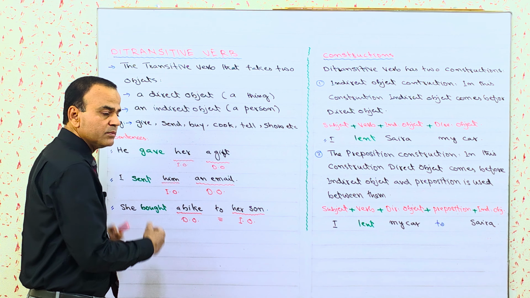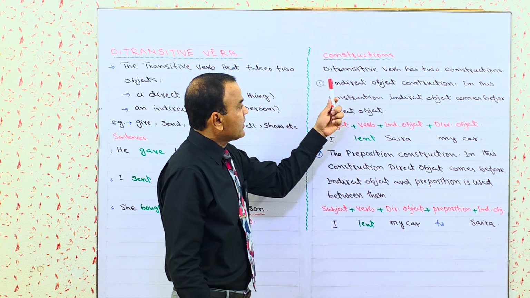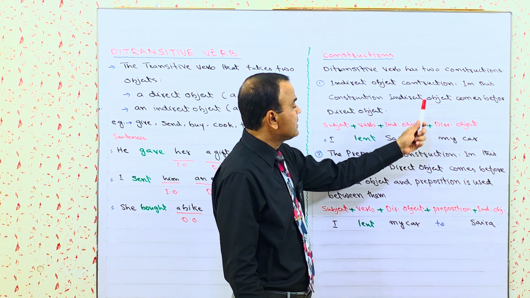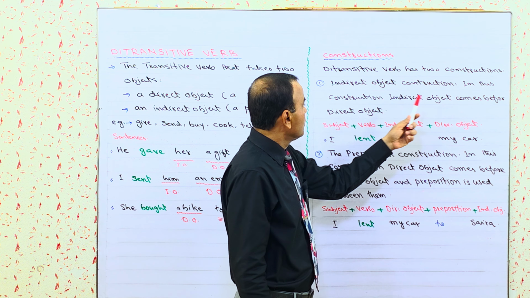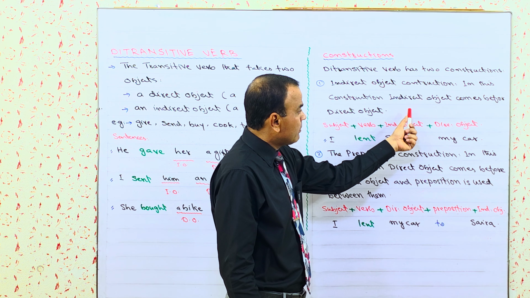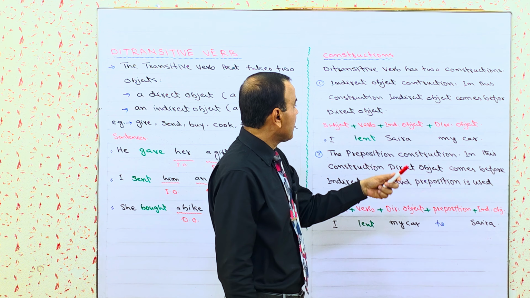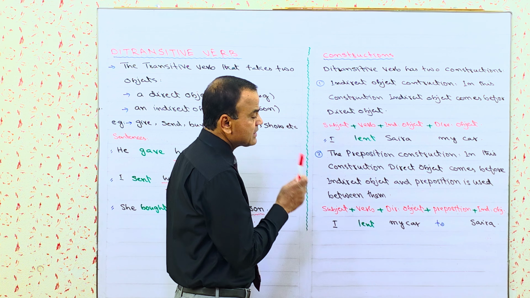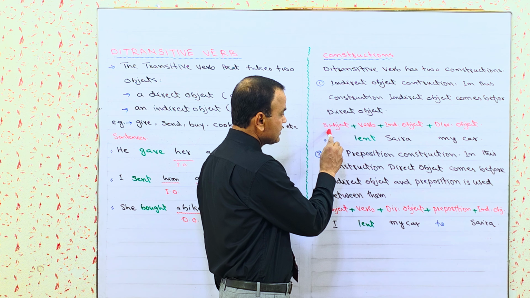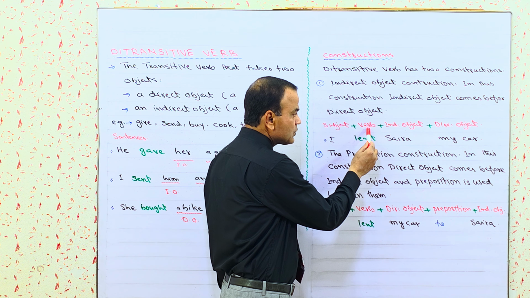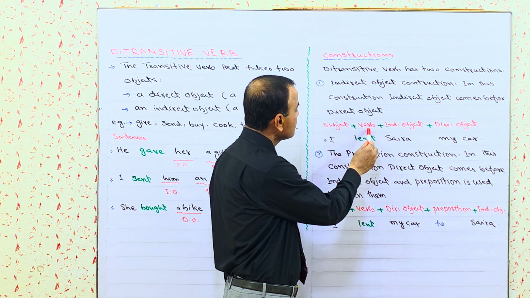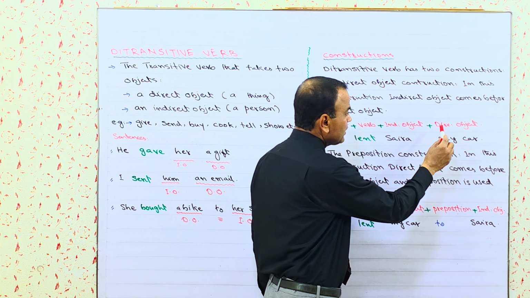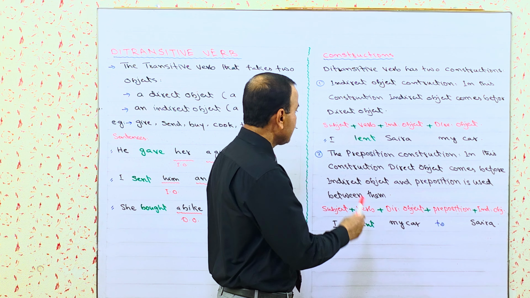The ditransitive verb has two constructions, as I already told you. I have also defined them here. The first one is called the indirect object construction. In this construction, we use the indirect object first and the direct object later. So the sentence formation is: we put the subject, then we use the verb, which is a ditransitive verb, then the indirect object, and then the direct object.